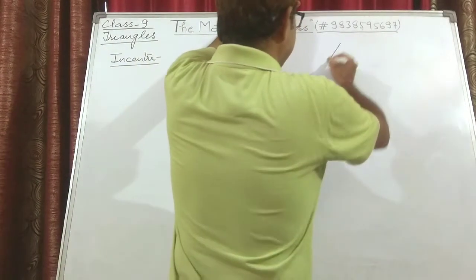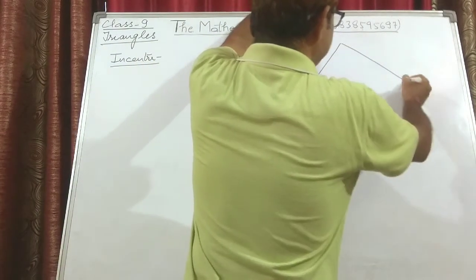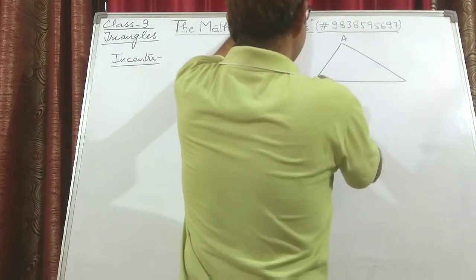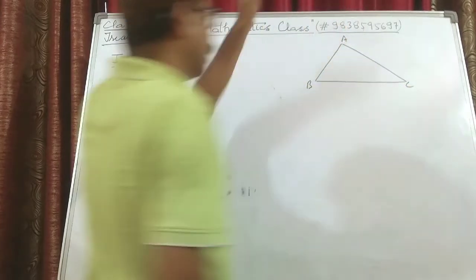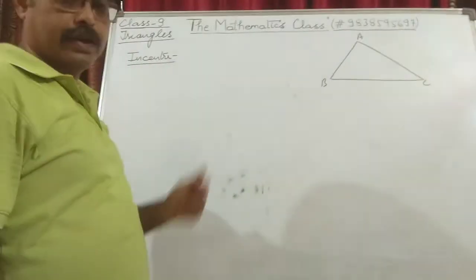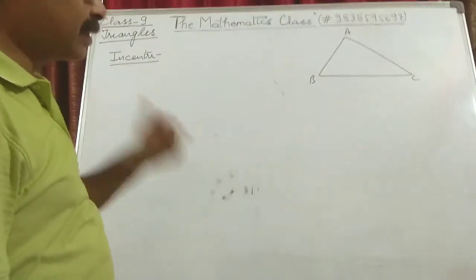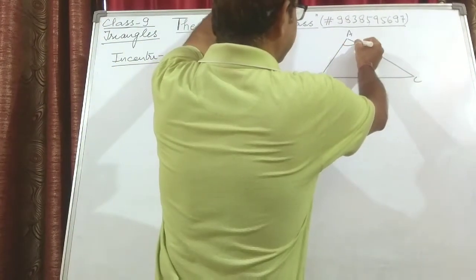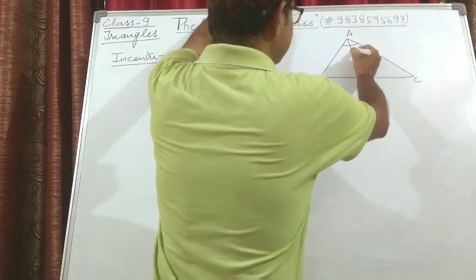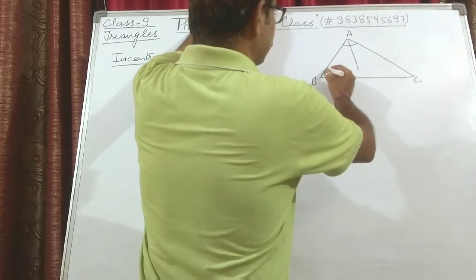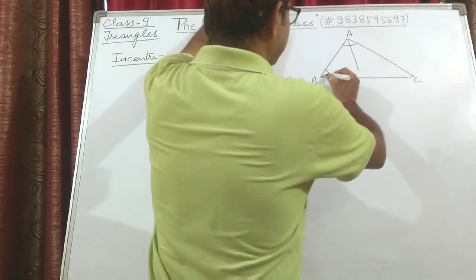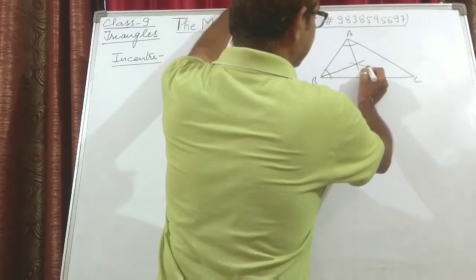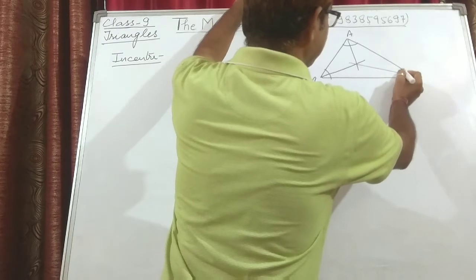Let's take a triangle ABC. Now in this triangle, if we draw the bisector of the internal angles, the bisector of angle A will come something like this. The bisector of angle B will come something like this. And the bisector of angle C will come something like this.